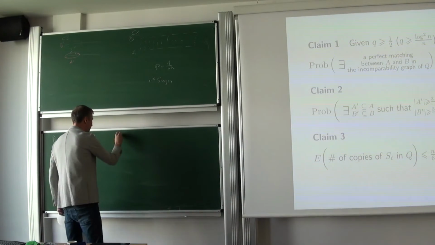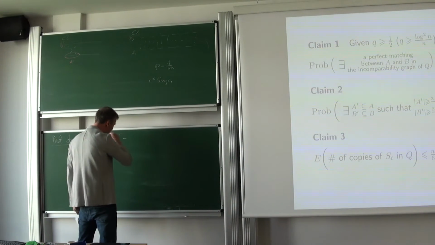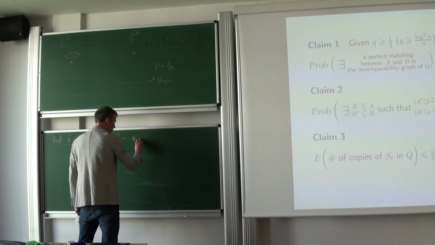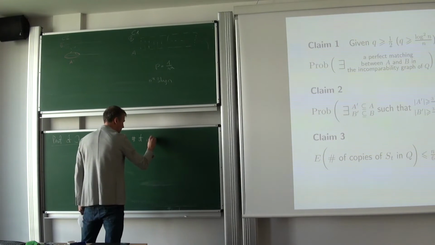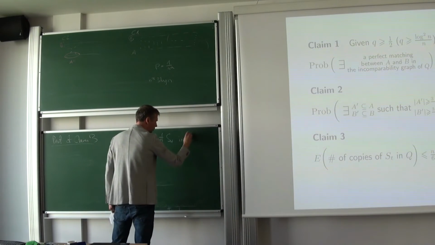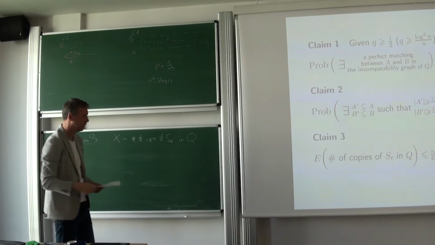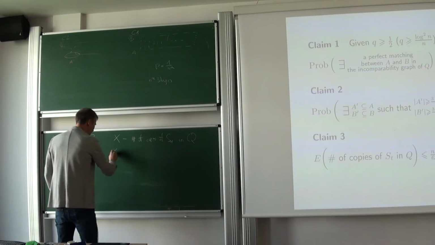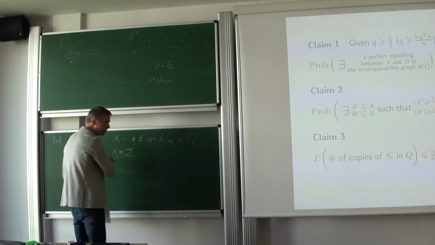So X is this random variable, the number of copies of S_t in Q, we call it Q. Now I want to take a sum of indicators here.